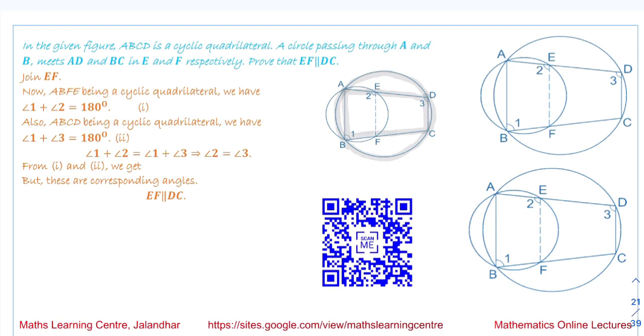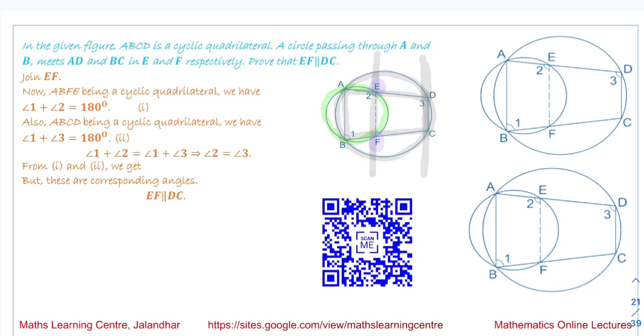Then there is another circle passing through A and B. It meets AD at the point E and it meets BC at the point F. Then we have to prove that this line EF and this line DC are parallel to each other.